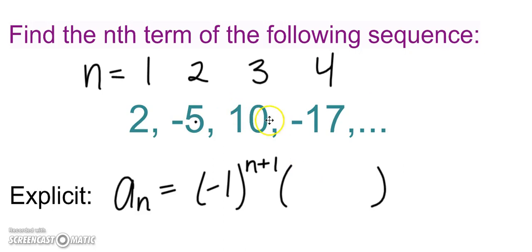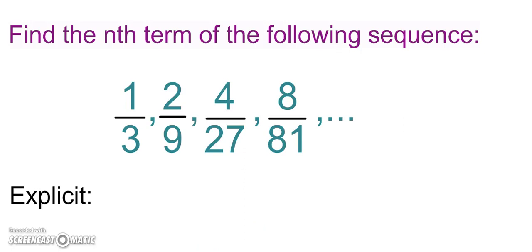Each one of these terms is going to be our squared n value plus 1 more. 1 squared is 1 plus 1 is 2. 2 squared is 4 plus 1 is 5. 3 squared plus 1 is 9 plus 1 is 10. 4 squared plus 1 is 16 plus 1, which is 17. And then again, our negative sign is being taken care of by our alternating negative 1 to the n plus 1.